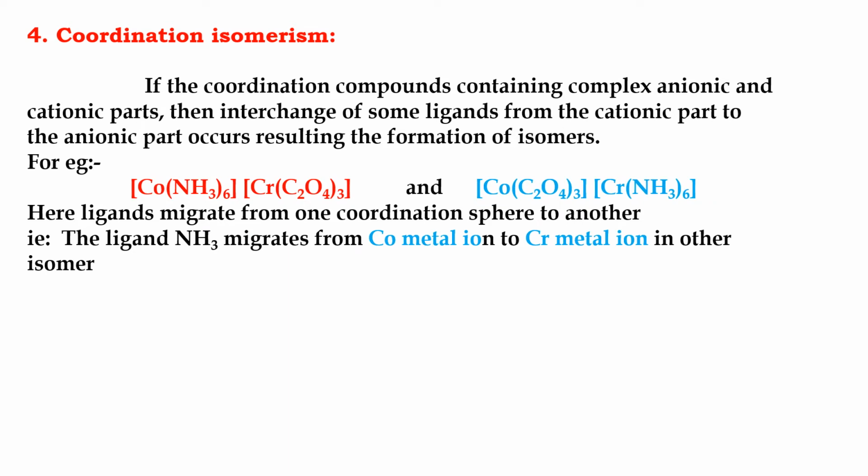Now we have to see the last type of structural isomerism, that is coordination isomerism. Coordination isomerism is exhibited by coordination compounds having two coordination spheres. If a coordination compound contains two coordination spheres, ligands could migrate from one coordination sphere to another, giving rise to coordination isomerism.